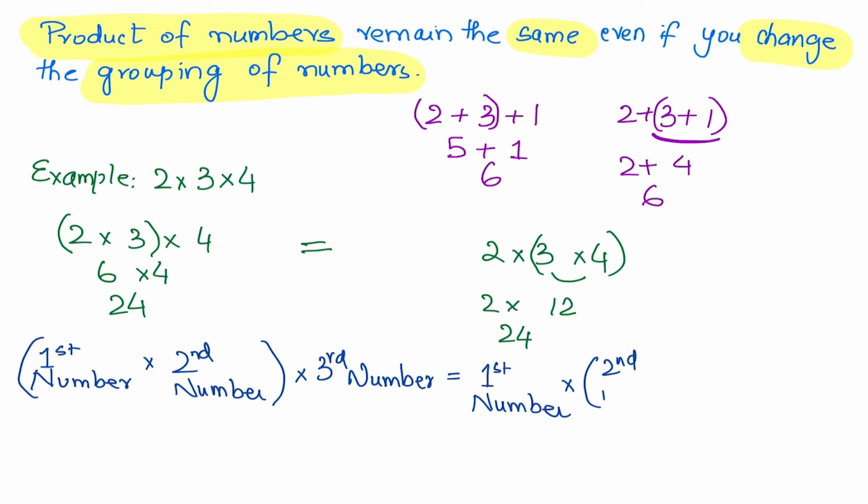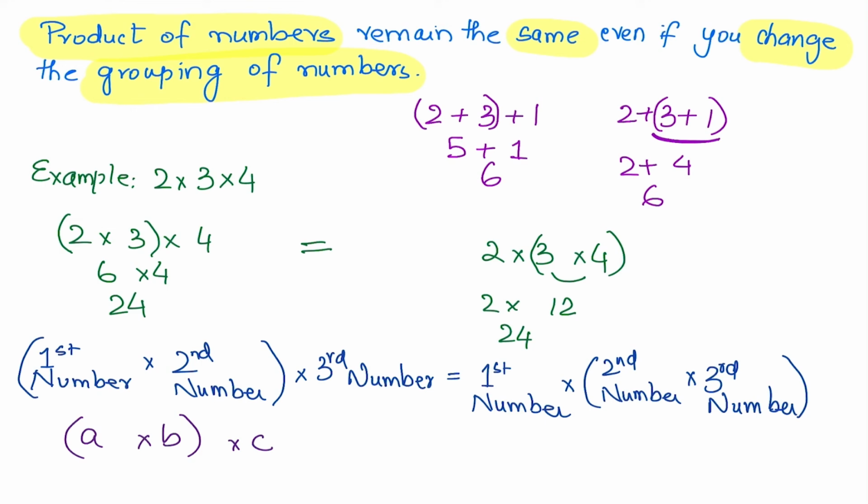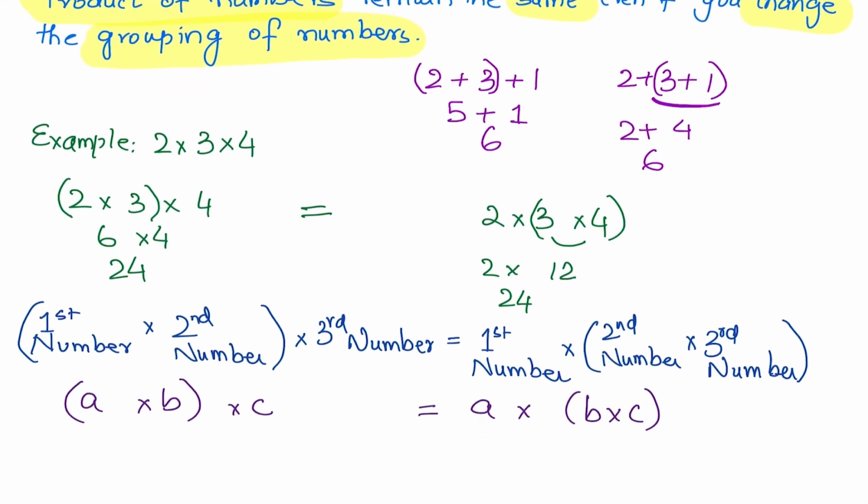So this is second number times third number. Or you can write A times B times C will be equal to A times the group of B and C. Let's look at a few more examples.